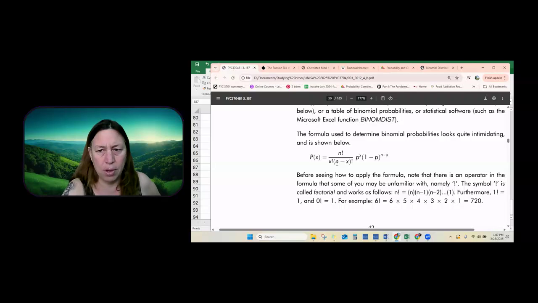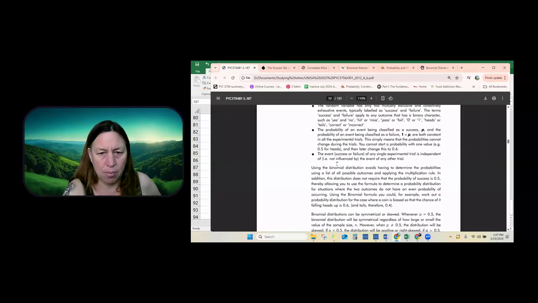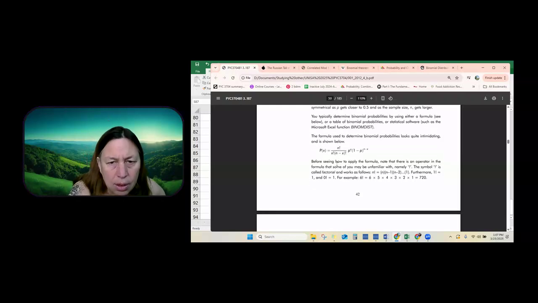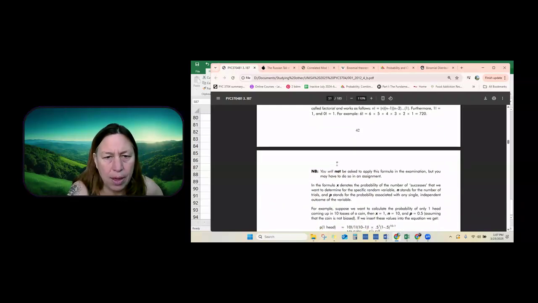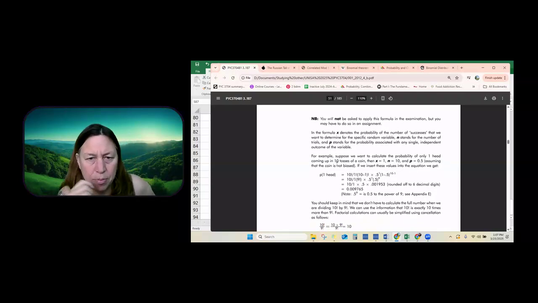Easy. So if you're being asked, like for example here, he or she is giving an example of calculating the number of successes being 1 in 10 trials. N would be 10 and x is 1.